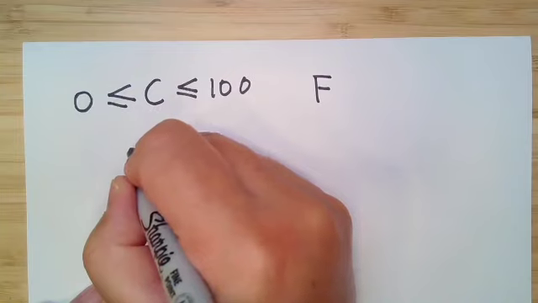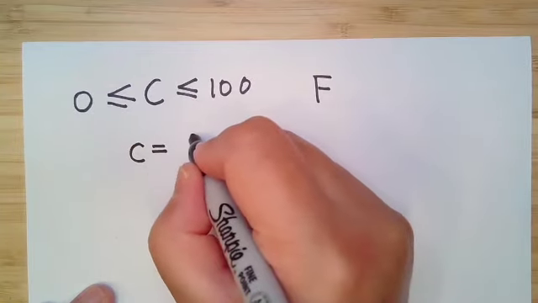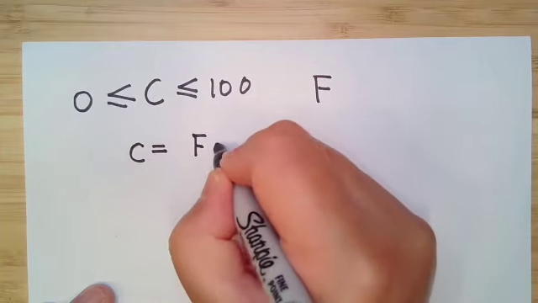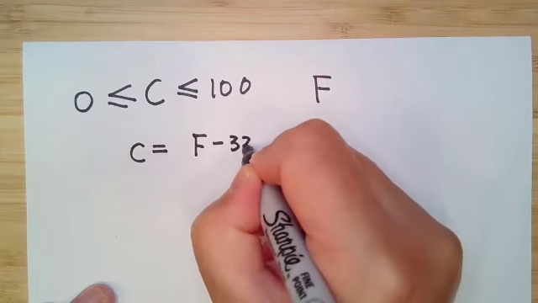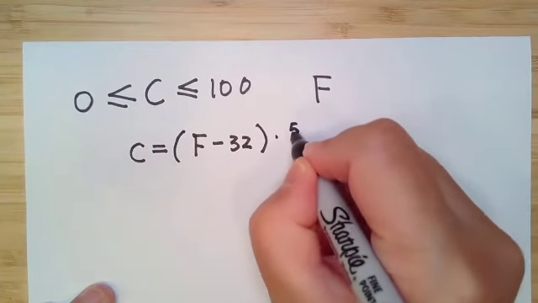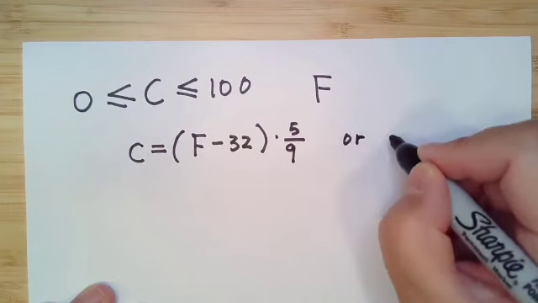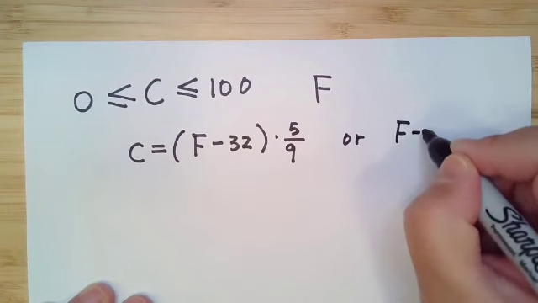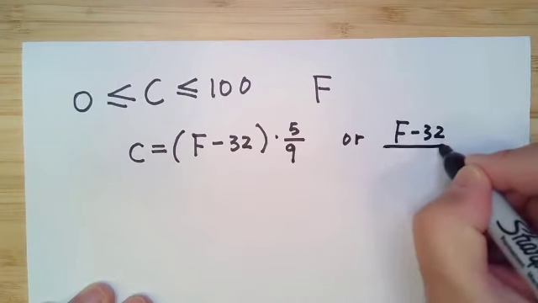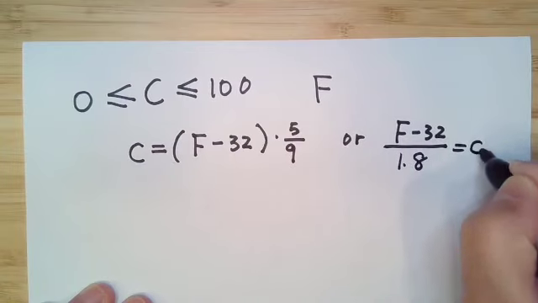Now I know some formula. How do we get C? That is F minus 32 times 5 over 9, or F minus 32 divided by 1.8, and that's C. I think I like this one better.